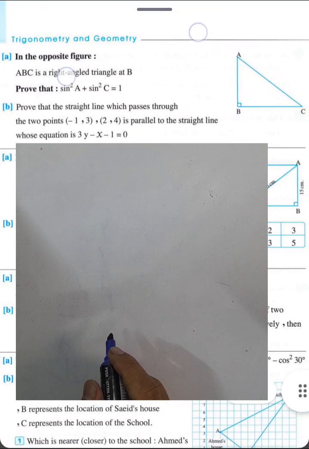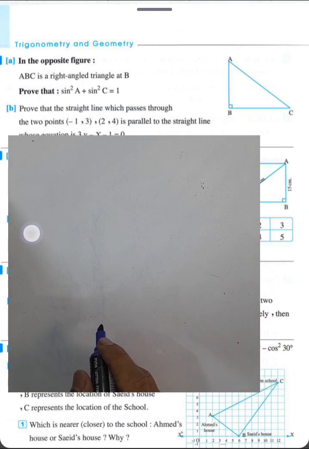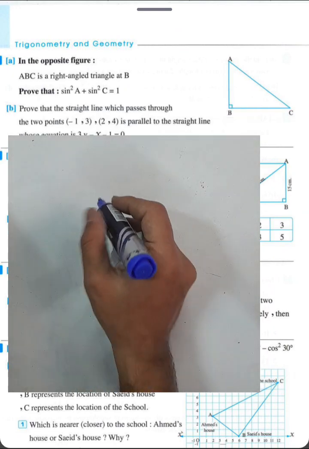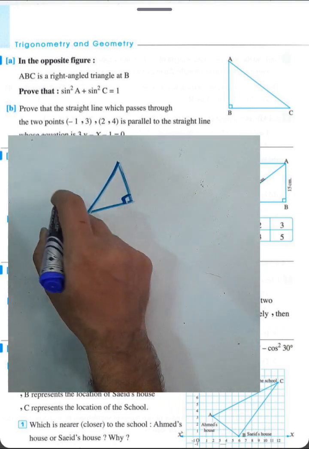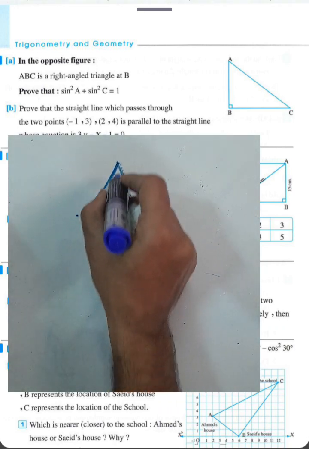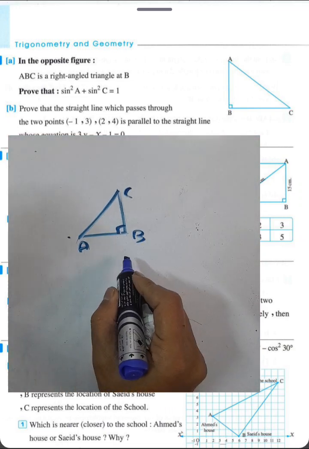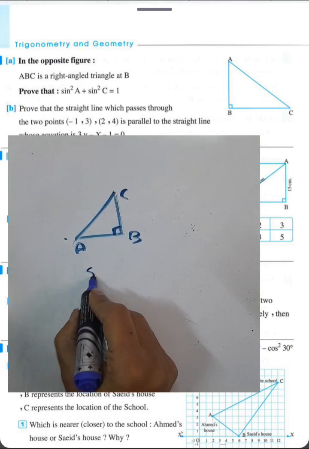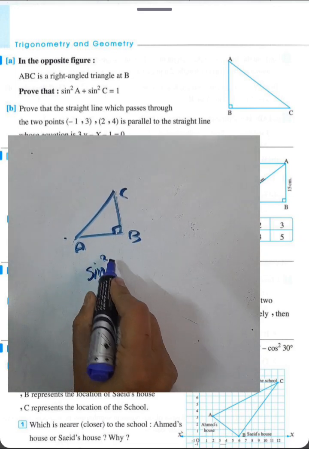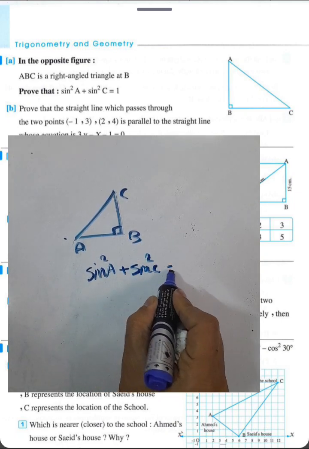We have here a right angle triangle, ABC, right angled at B. He wants to prove that sine A power 2 plus sine C power 2 equals 1.